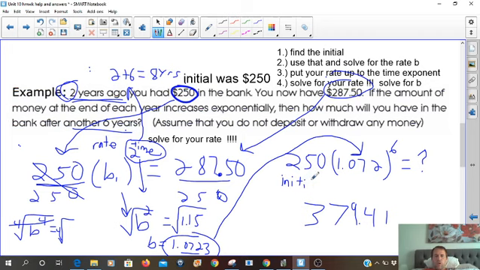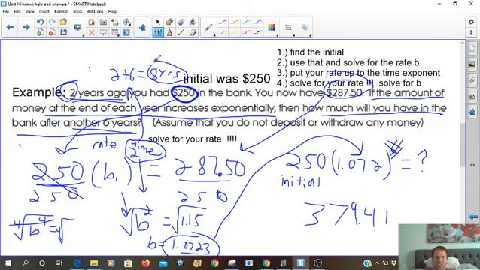And so they want to know, it says here, if the amount of money at the end of each year increases exponentially, then how much will you have in another 6 years? So I made a mistake here. It's actually not another 6 years. It's actually 2 plus 6, so 8 years.